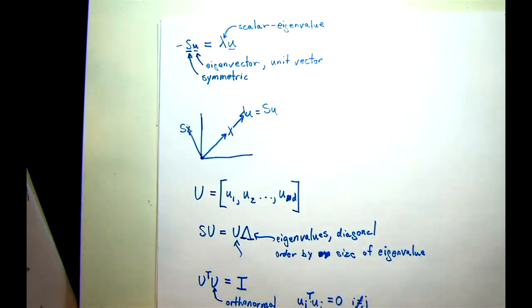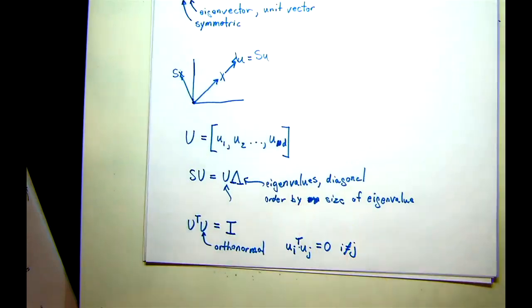And that's just because they're all orthogonal. So the angle between them is going to be perpendicular. And then, because these are unit vectors, just by definition of how we scale them, the diagonal will be 1.